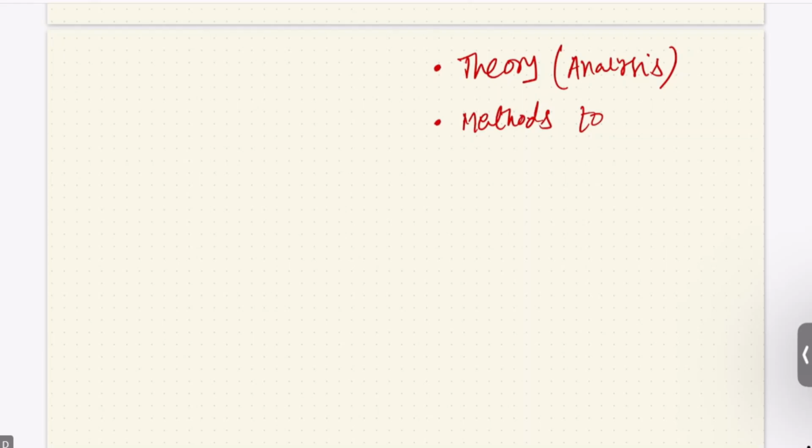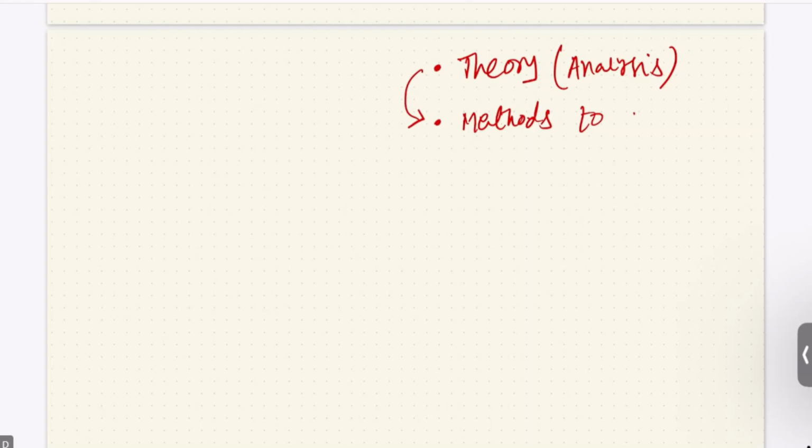Analysis is just to prove them. They are mathematically satisfying, and the mathematical rules hold. So now we need to bring that theory into the form of methods to solve problems.